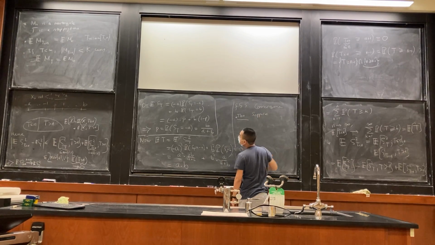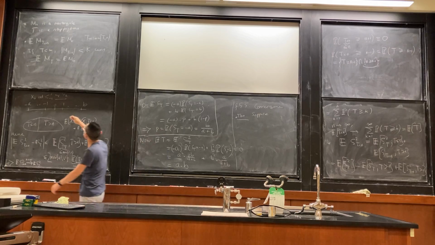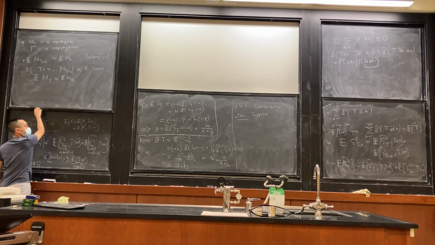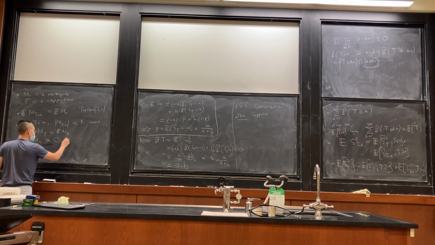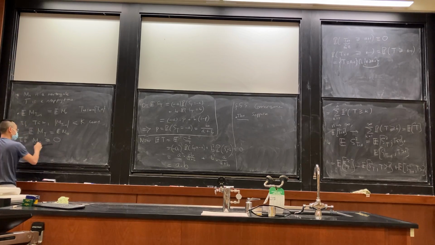The last piece is: if Mn is a martingale and it is a non-negative random variable, then it needs to have a limit.